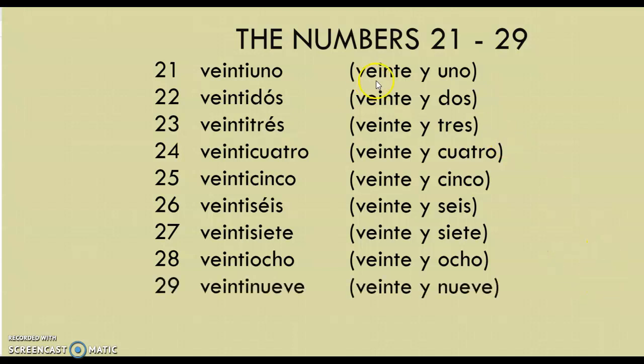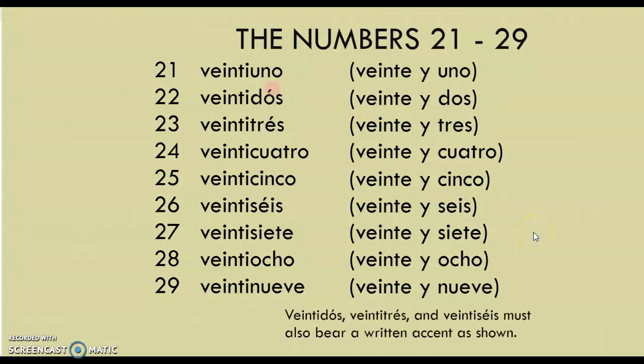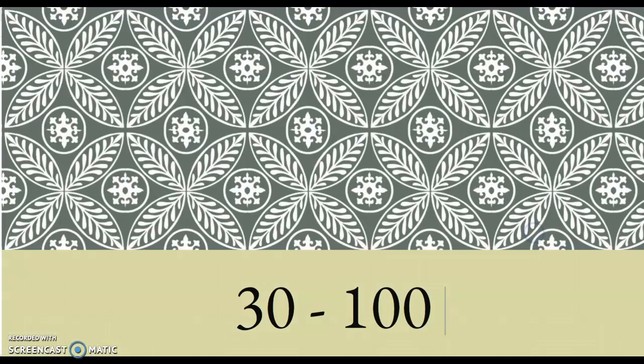So you can see that it's the word 20 y uno, but all squinched together becomes 21. Literally 20 and 1, 20 and 2, 20 and 3. So it's just saying 21, 22, 23, but quickly. So that is the 20s. And notice that it says that you need to have accent marks there. Again, if you forget about those or if you don't even pay attention to them, it's not a big deal.